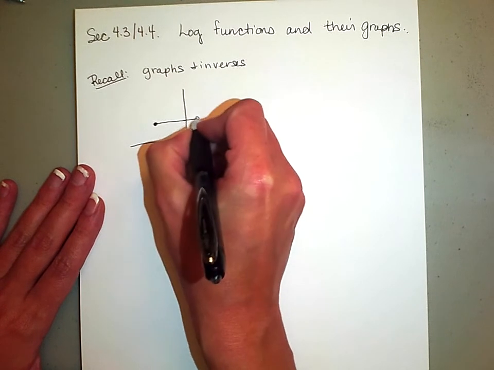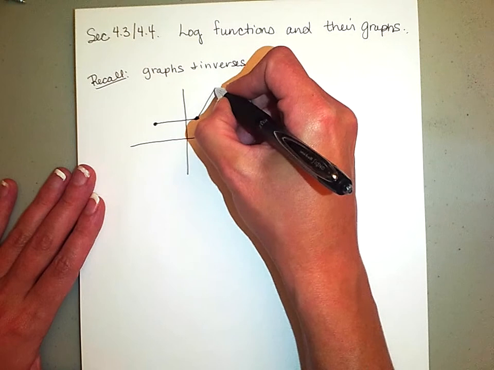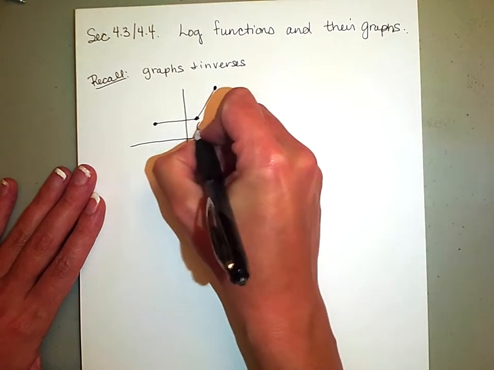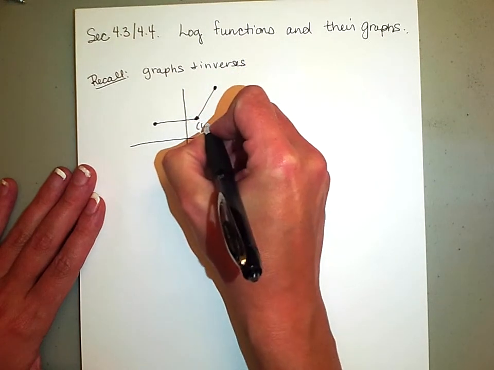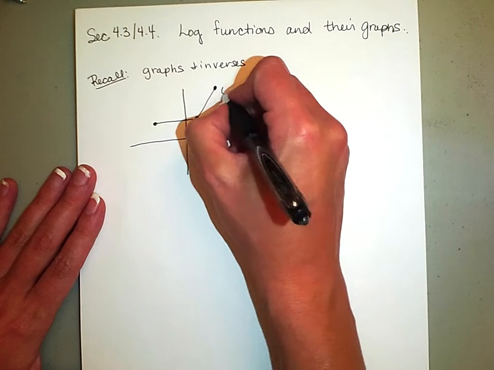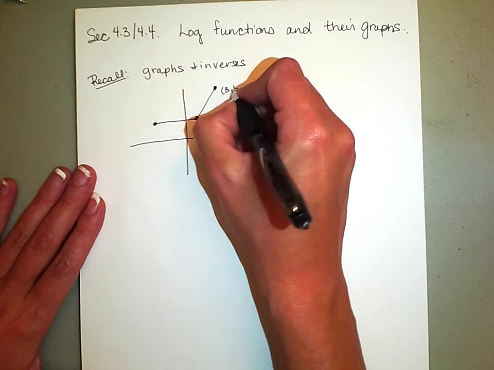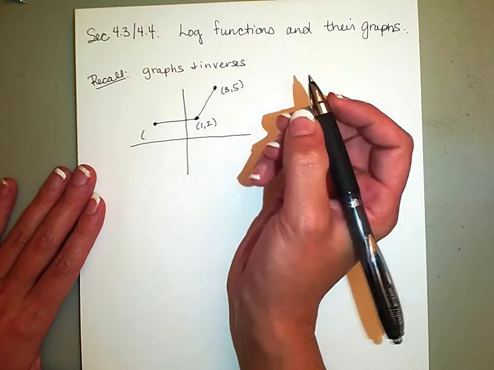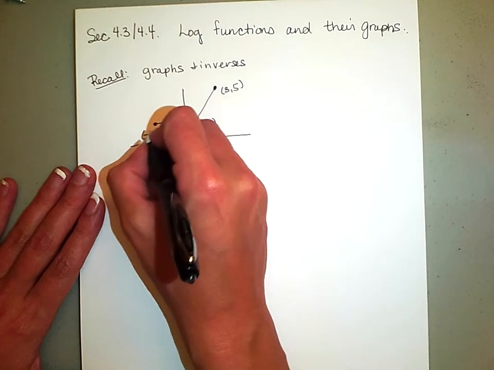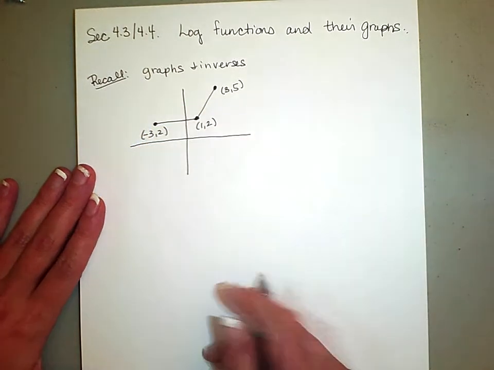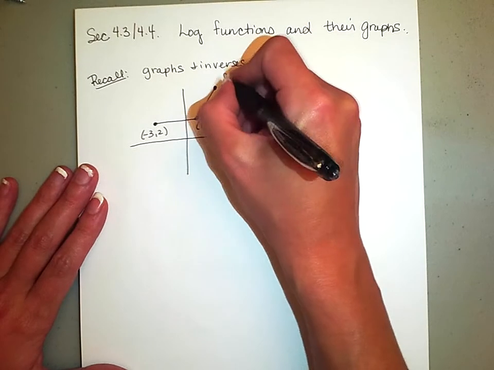So let's say I had a graph that looked like so. Let's call this the point (1, 2), and we'll call this (3, 5), and we'll call this (-3, 2), say for example. Okay, so let's say this is our function.